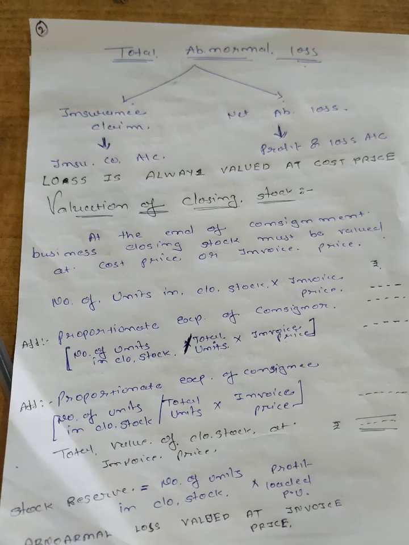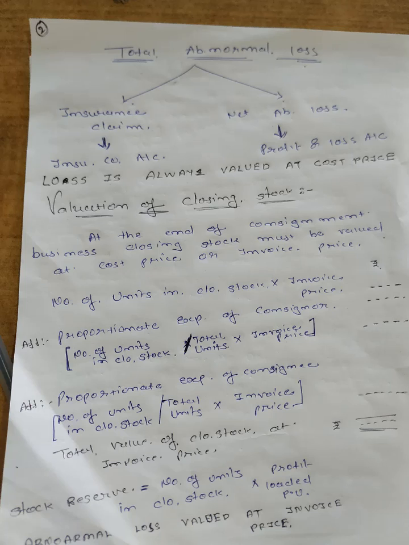Here you also take those expenses of consignee which are of non-recurring nature, or which are not for selling purpose or selling expenses. So you are going to find out total value of closing stock at an invoice price by adding these two proportionate expenses to invoice price.